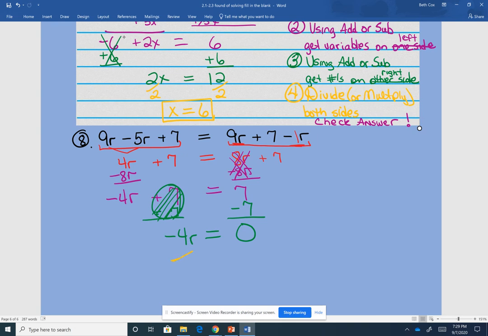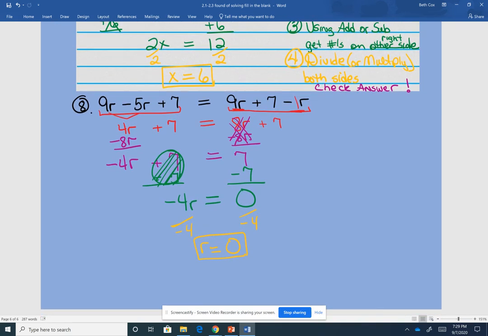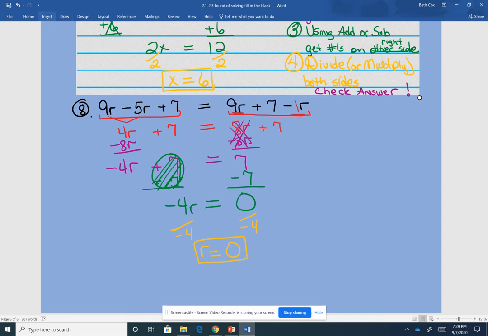So we're going to divide by -4. And r is 0. That is my answer. And to check it, I will plug it into my equation, see if it came out true. So just for the last problem, this is my last problem. We will check this.